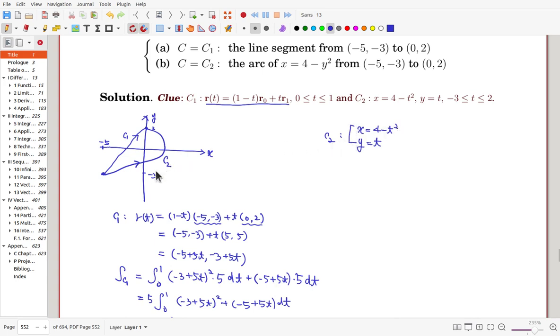Of course, y is moving from minus 3 to 2, so here minus 3 is the lower bound and the upper bound of t is 2.